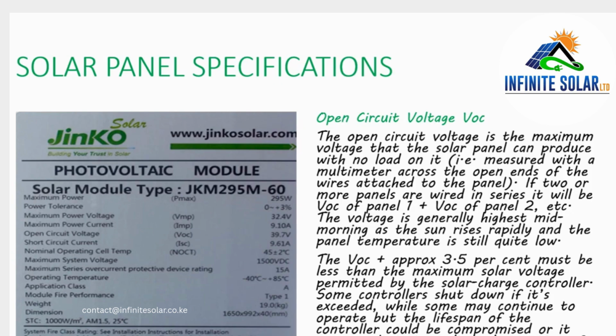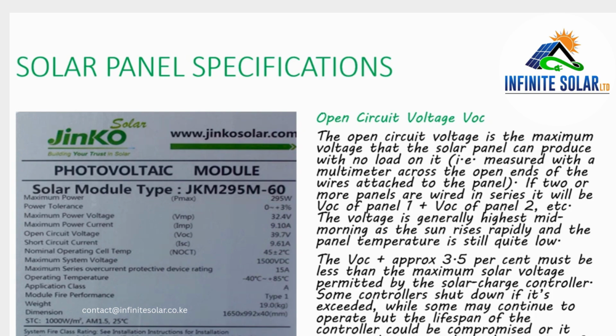The voltage is generally highest in the mid-morning as the sun rises and when the temperatures are low. The VOC plus approximately 3.5% must be less than the maximum solar voltage permitted by the solar charge controller.